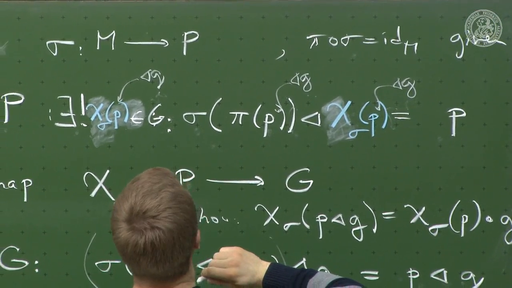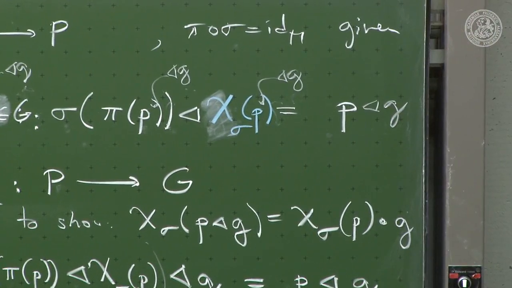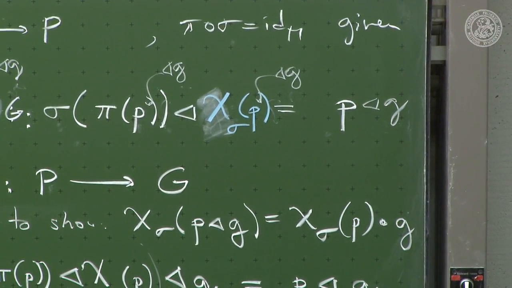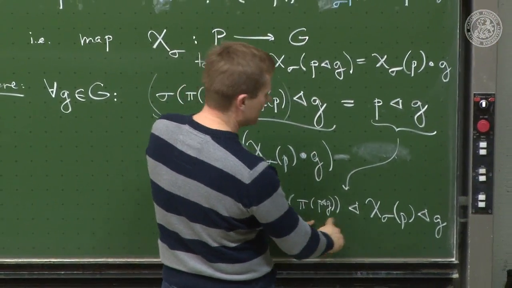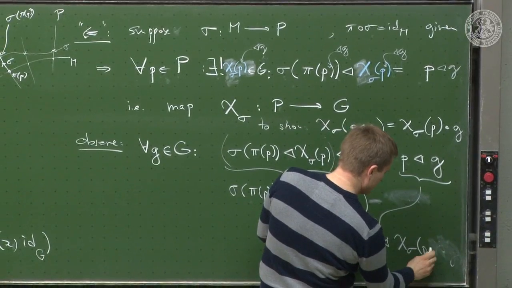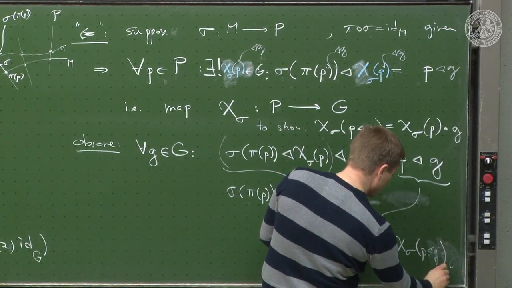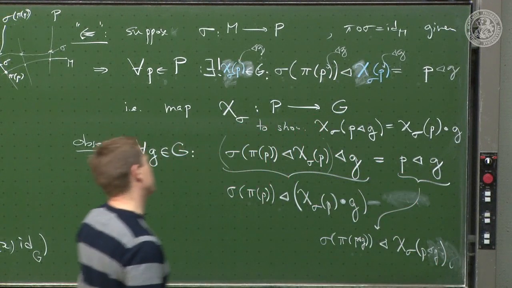That's what you're saying. Yeah, of course, and then on the right as well. Yeah, that's right, exactly. And that is what I want here. So I get exactly this, and then I get the P and the action of the G on it. And that is, of course, this guy. Yeah, that's right. Oh, thank you.